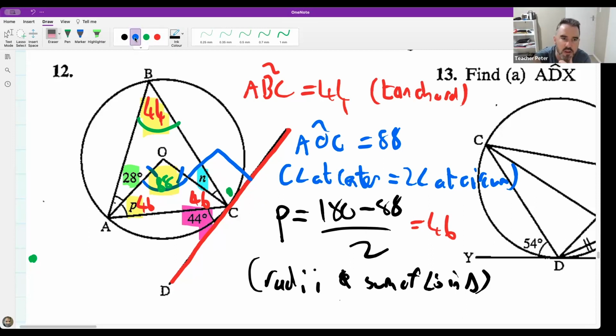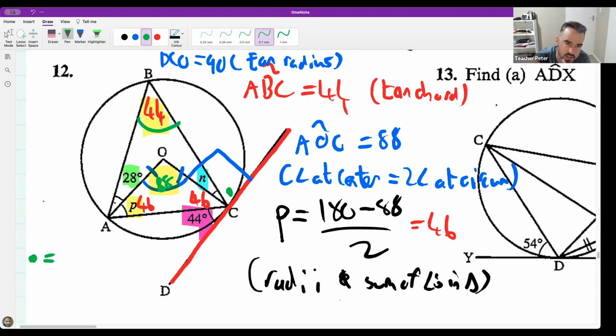So we can say that DCO is 90, and that's just the tan radius theorem. What is the green dot going to be? Well, it's going to be by the tan chord.